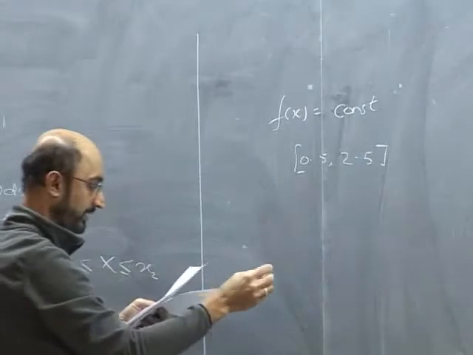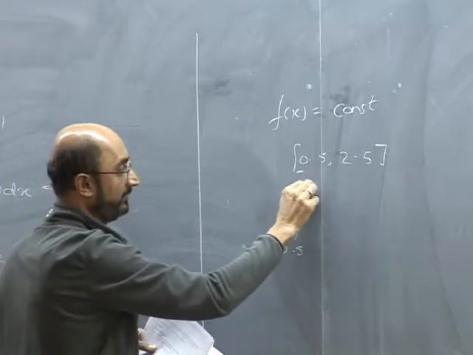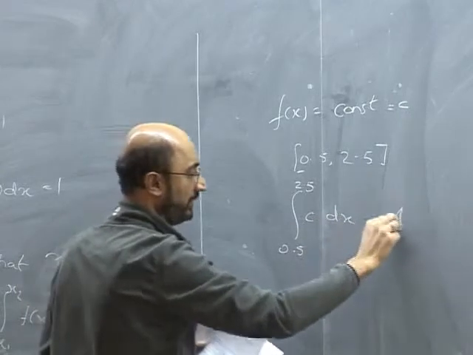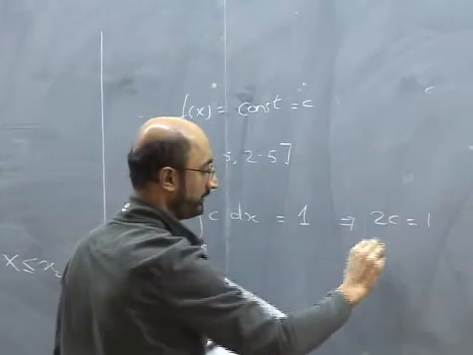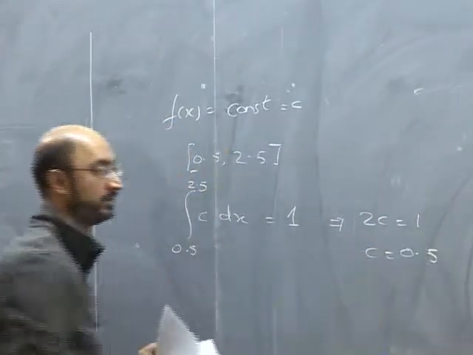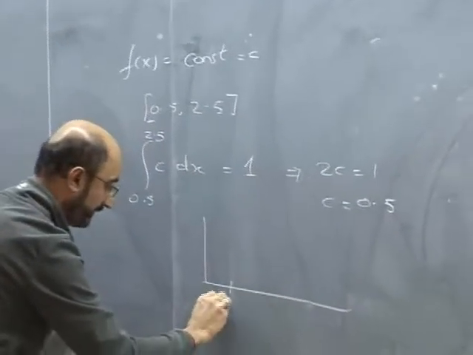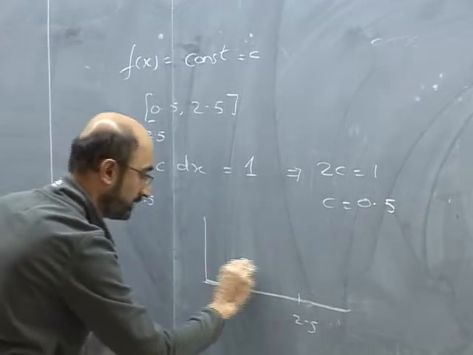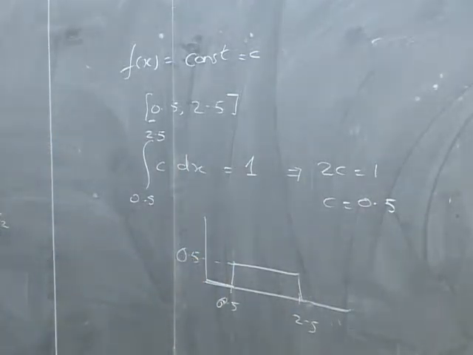Then what we have is that the integral from 0.5 to 2.5 of c dx is equal to 1. And this of course means that 2c equals 1, so c equals 0.5. So if I were to draw it, what it says is that this is 0.5, this is 2.5, it's 0 everywhere, and here to here it's 0.5.